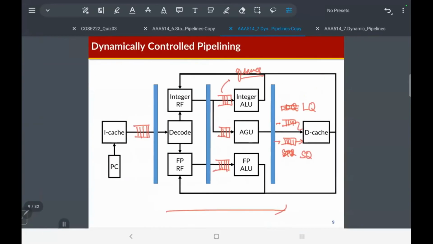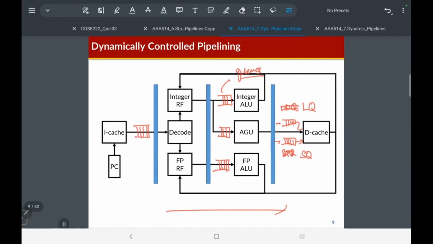But we do not support out-of-order execution, and we also need to consider real-world problems like various delays in the memory systems and various delays caused by data dependencies. In order to handle these various delays, we require queues between stages.